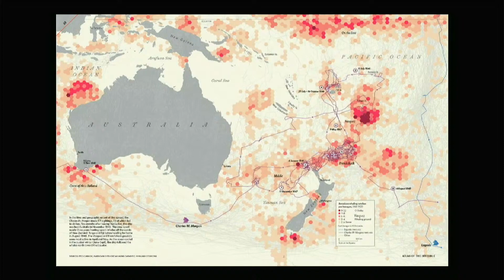Here's part of a map that we created that showed the extent of the US whaling fleet and industry between about 1760 and 1920. Whalers were meticulous log keepers because, of course, it was a business, it was a major industry.